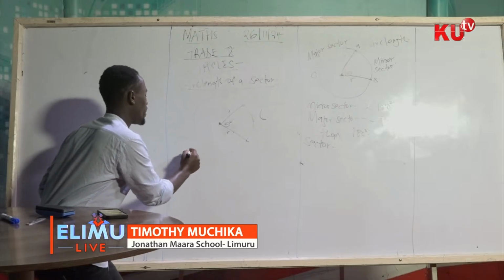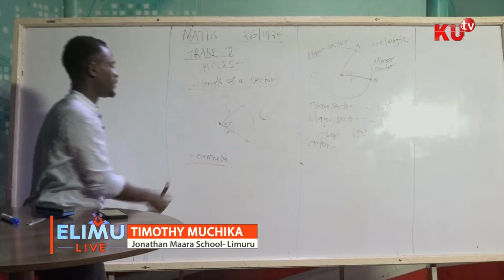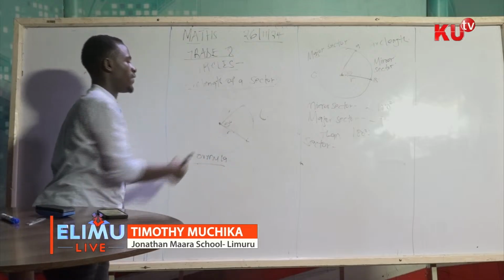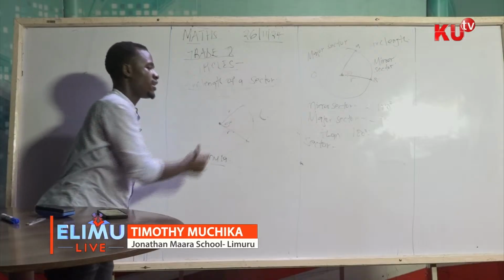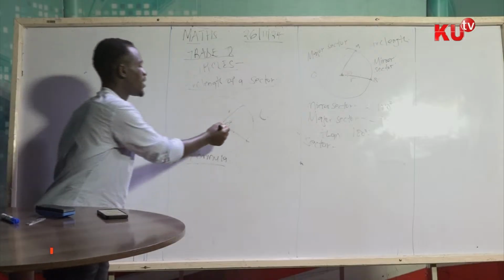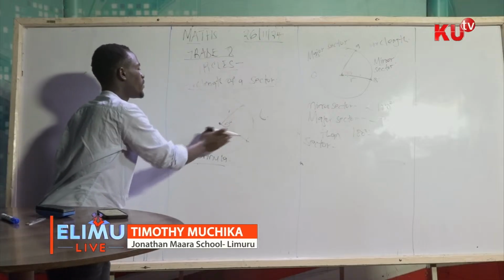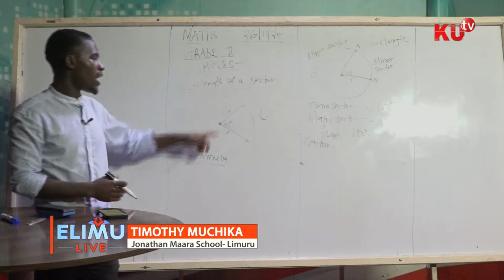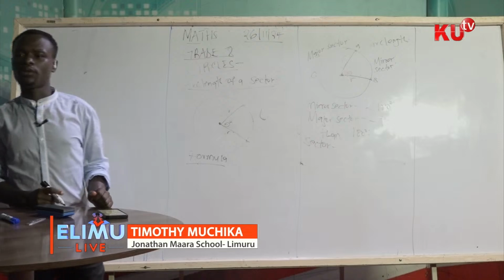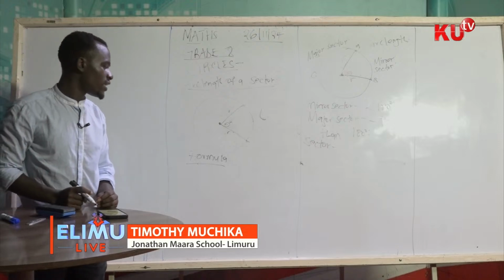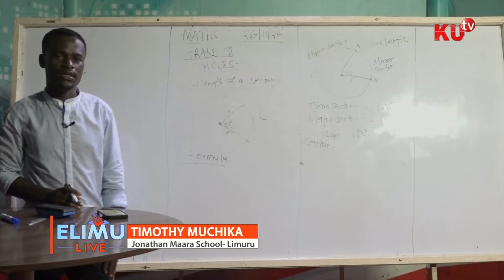The formula now becomes, because we have angle theta, and that angle theta is gotten from the whole circle. And we know that angles inside a circle add up to 360 degrees.